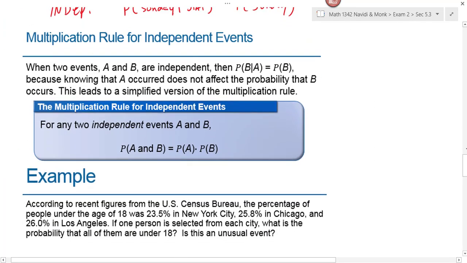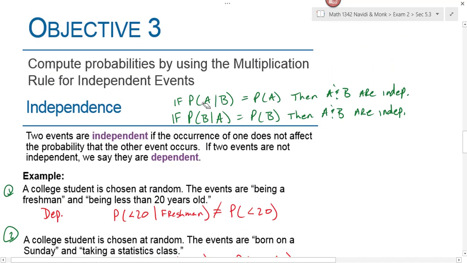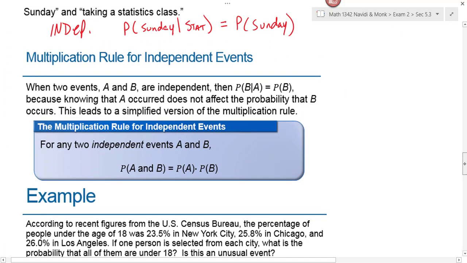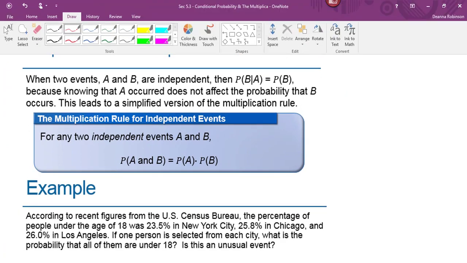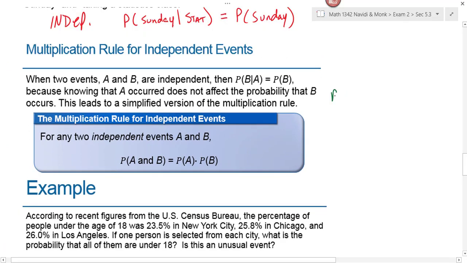The multiplication rule for independent events is easy. We like this rule. Because of this fact right here, the fact that this conditional probability, that condition doesn't change the probability, we can easily go from the general rule. Let me write down the general rule again to help you remember.